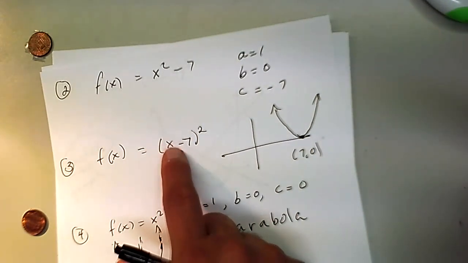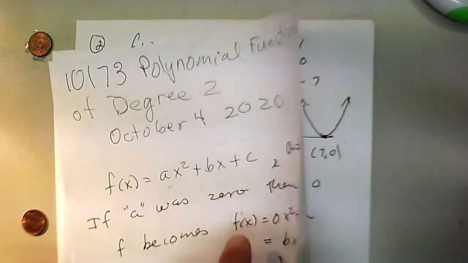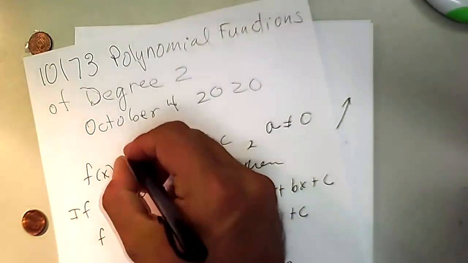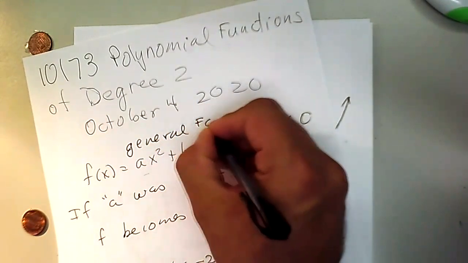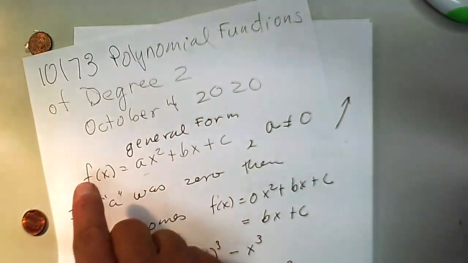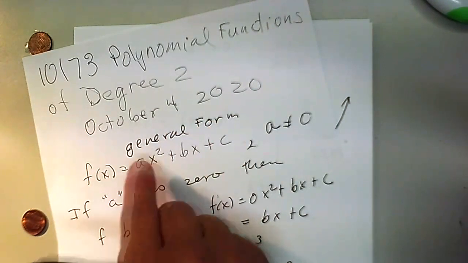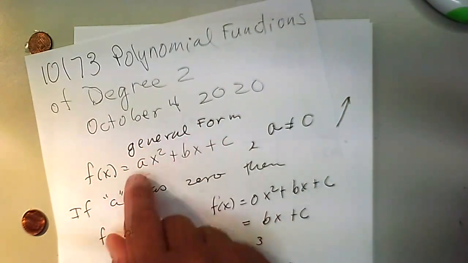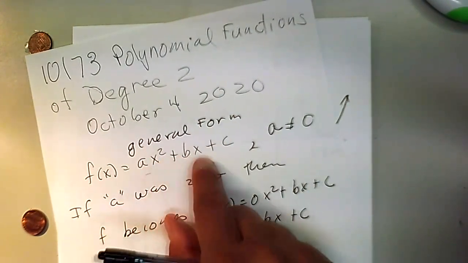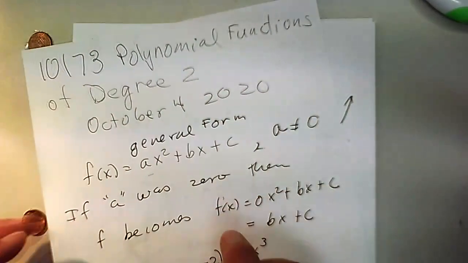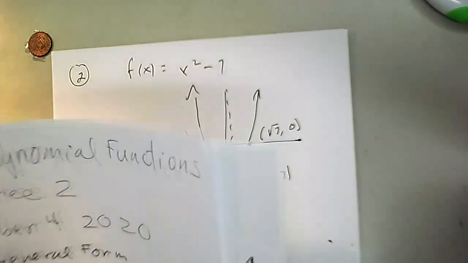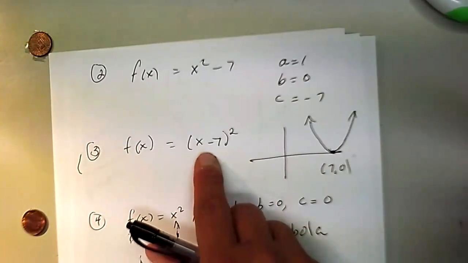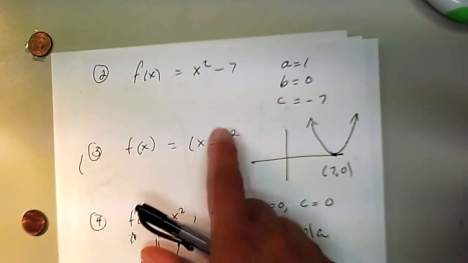This form of the function, we will call the general form of the quadratic function. It's the general form if we have ax squared plus bx plus c. There's a couple different forms. Here, in example 2, this is not in general form.